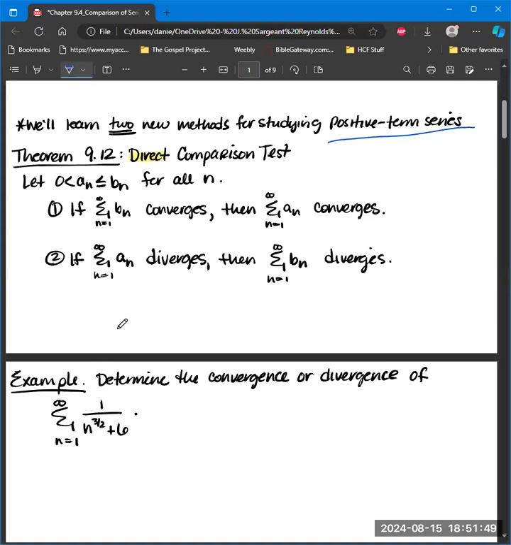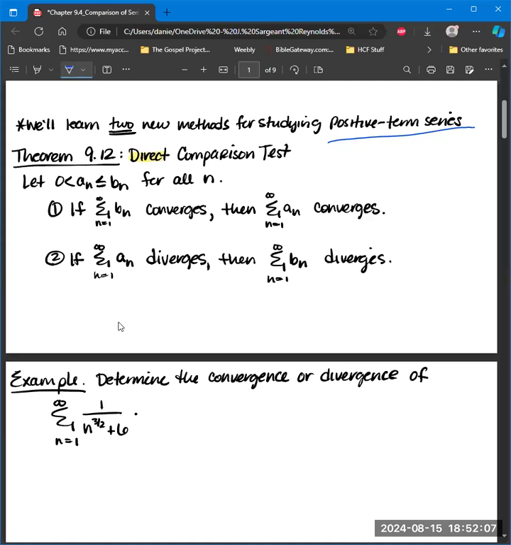I'll draw a picture of that in a little bit in the notes, and it'll make more sense there. But if the bigger one is an upper bound for the lower one, and the bigger one converges, the smaller one also has to converge.